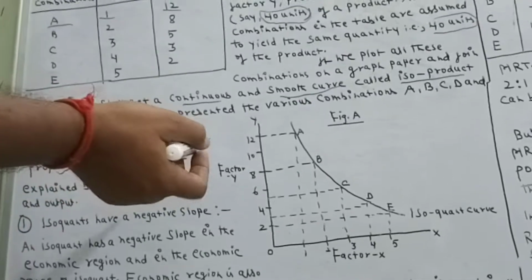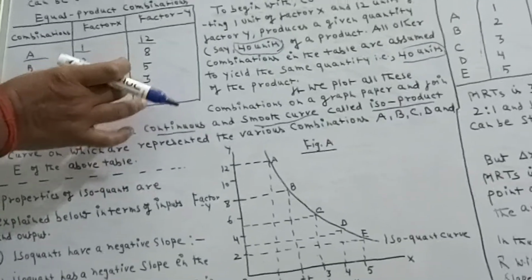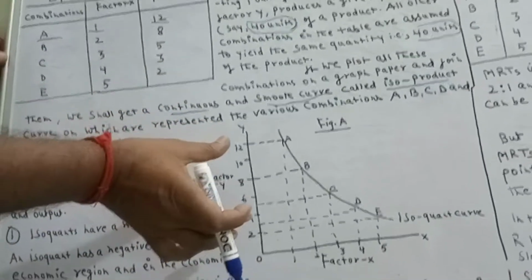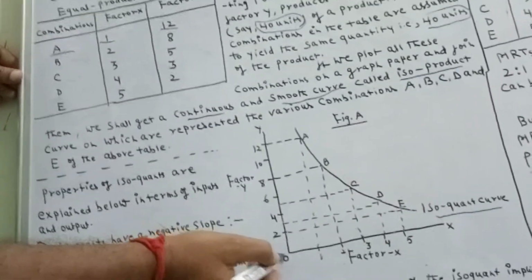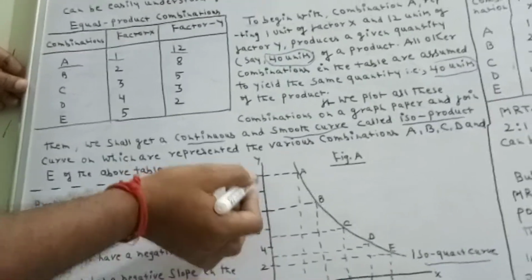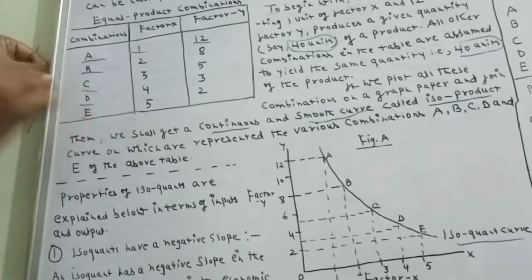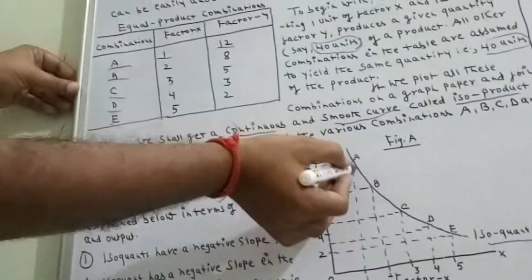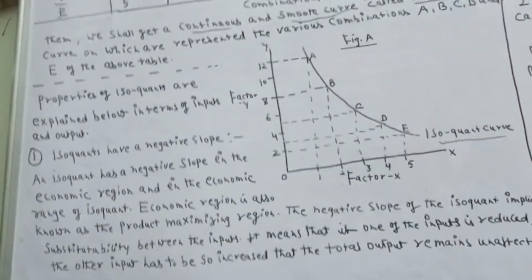Now on the basis of this table, when we plot the data on a graph paper, we obtain an isoquant curve like this one. On the OX axis we measure the factor X, on the OY axis we measure the factor Y. And the combinations A, B, C, D, E here. When we join these points we get the isoproduct curve sloping downward from left to right.